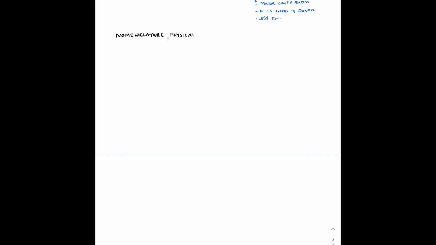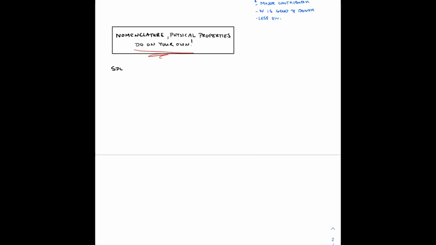It's pretty straightforward, but it's related to physical properties, nomenclature, as well as spectroscopy, right? I want to let you know you've got to handle the nomenclature and physical properties on your own, and then we can do spectroscopy together, even though it is pretty straightforward as well. There's some minimal explanations for you.